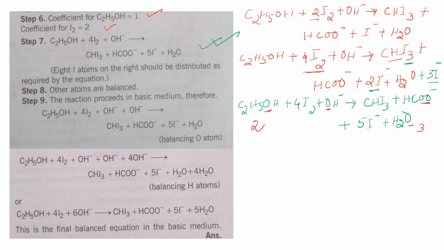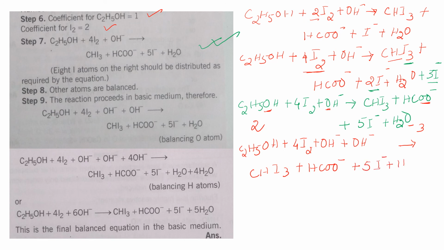So let me just do it. C2H5OH plus 4I2 plus OH minus plus one more OH minus is giving you CHI3 plus HCOO minus plus 5I minus plus H2O.